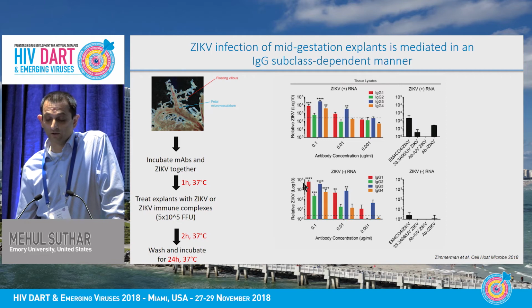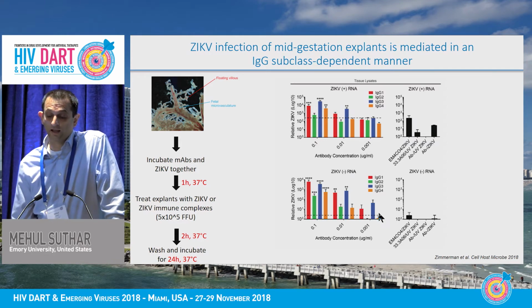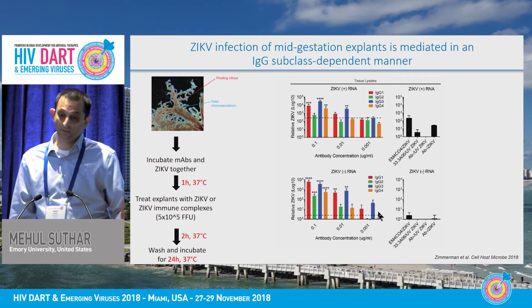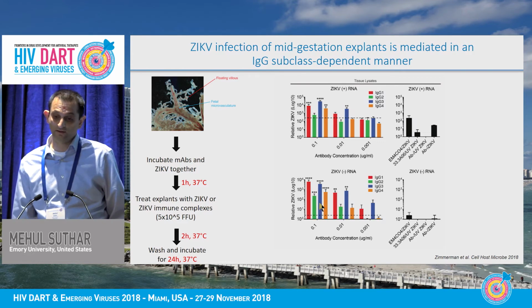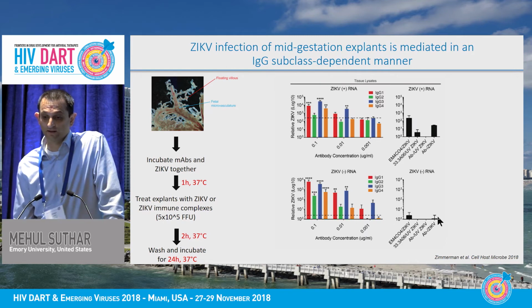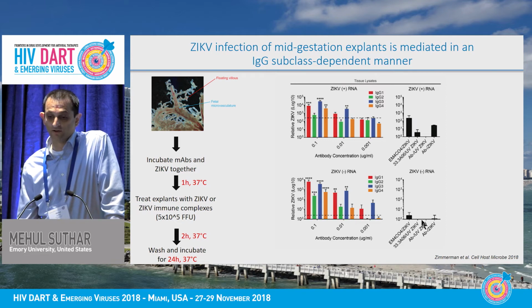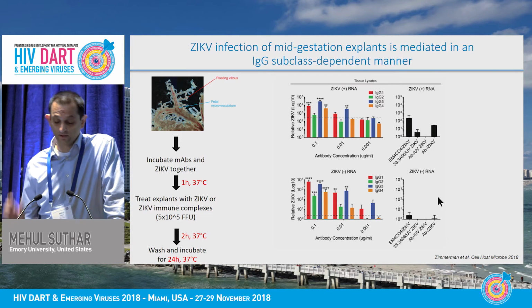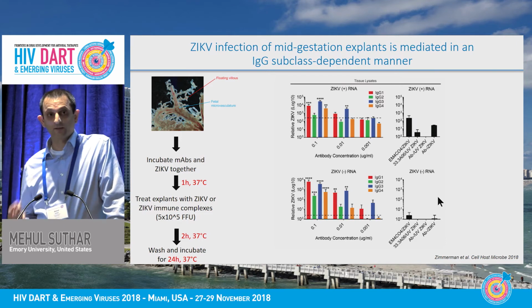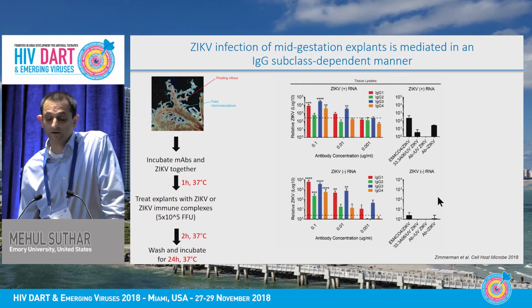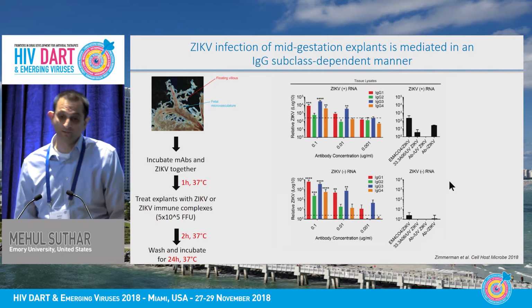And what we find in a dose-dependent manner, IgG1 and IgG3 seem to have the highest level of placental seeding when we use these immune complexes, whereas IgG2 seems to be much poorer in its ability to actually seed the placenta. And again, just throwing on Zika virus alone, we see very little replication within these placental explants, which is similar to what either Mike Diamond or Carolyn Coyne or Jonathan Miner have shown in their systems as well.